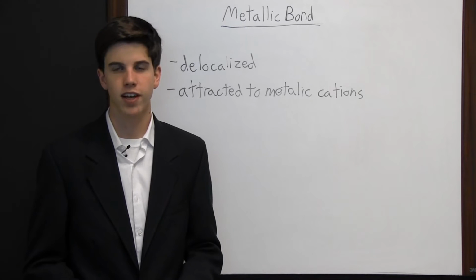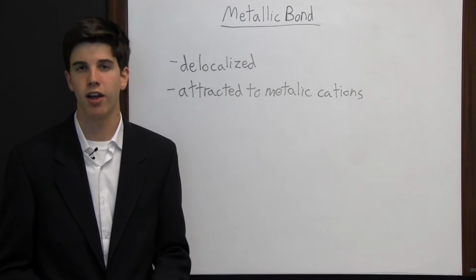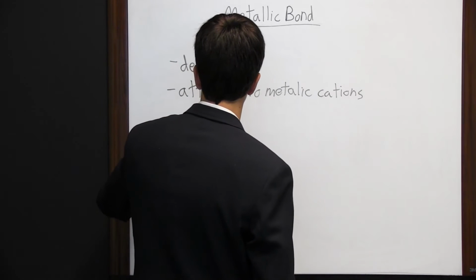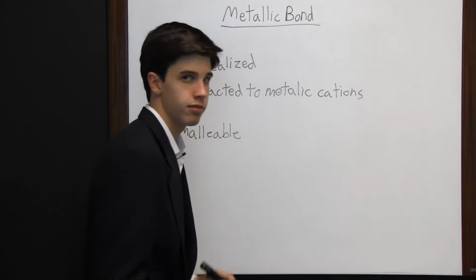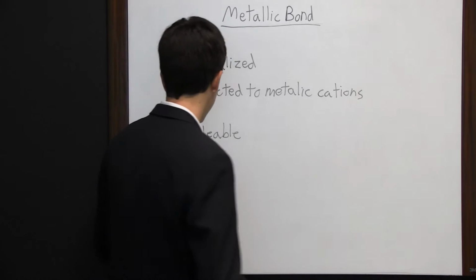Now, because these valence electrons are not held tightly in the metals, they have different properties from other ionic solids. So this means they are malleable, which means they're able to bend. They are also ductile. They can be drawn into wire.